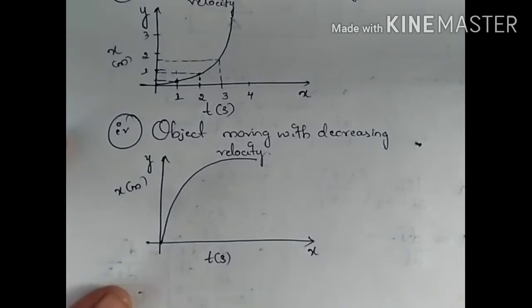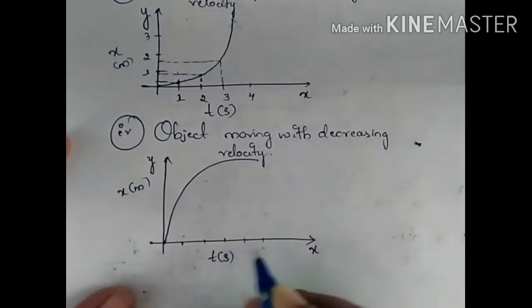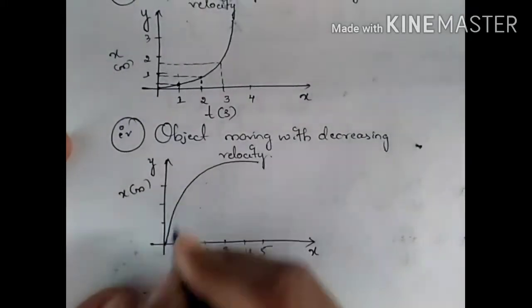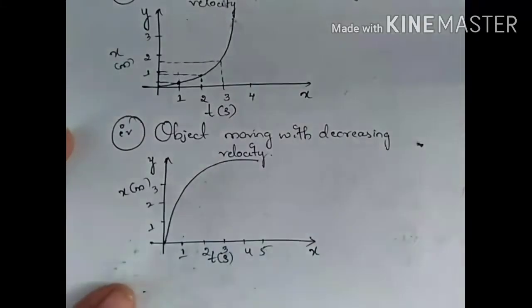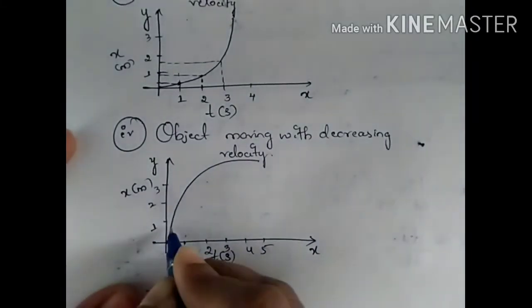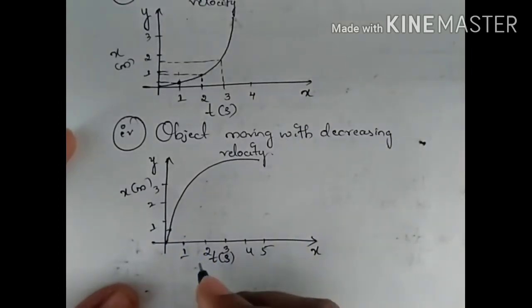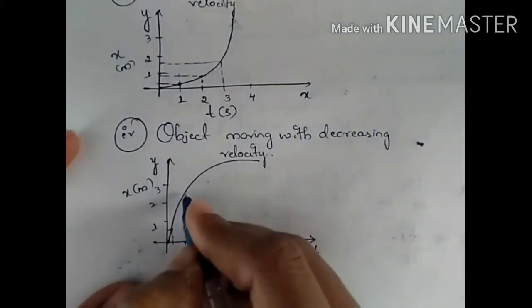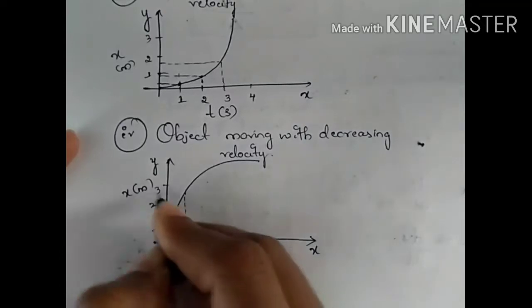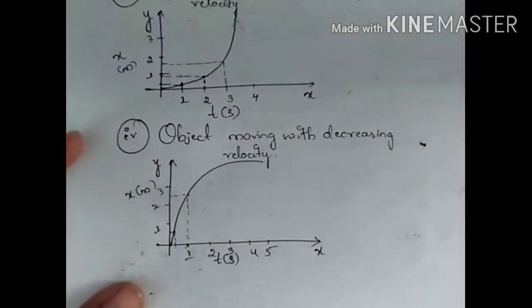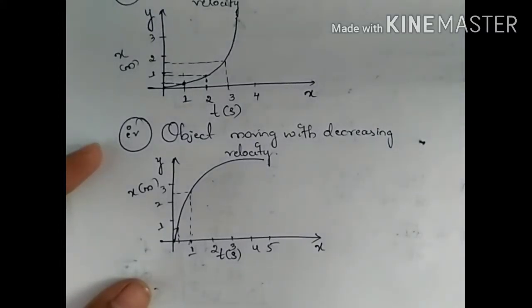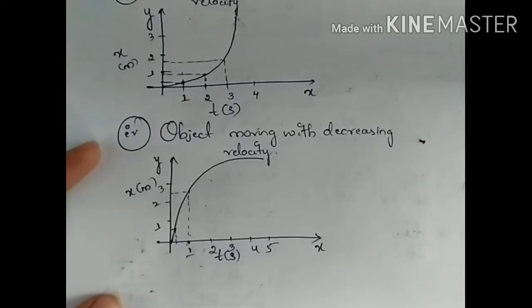From this graph, if you see, 1 second, 2 seconds, 3, 4, 5 seconds, and 1 meter, 2 meters, 3 meters. For this point, the distance covered is 0.5 meters in less than 0.5 seconds. For 1 second, the distance covered is how much? It is more than 2.5 meters. So this is the graph for an object moving with decreasing velocity.